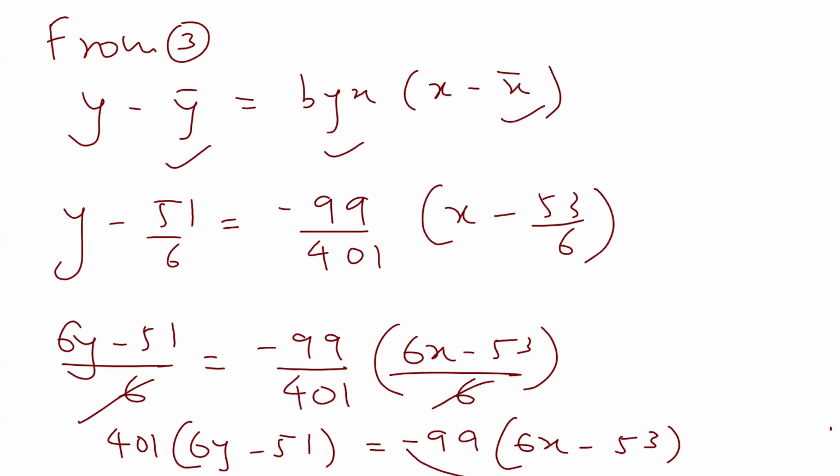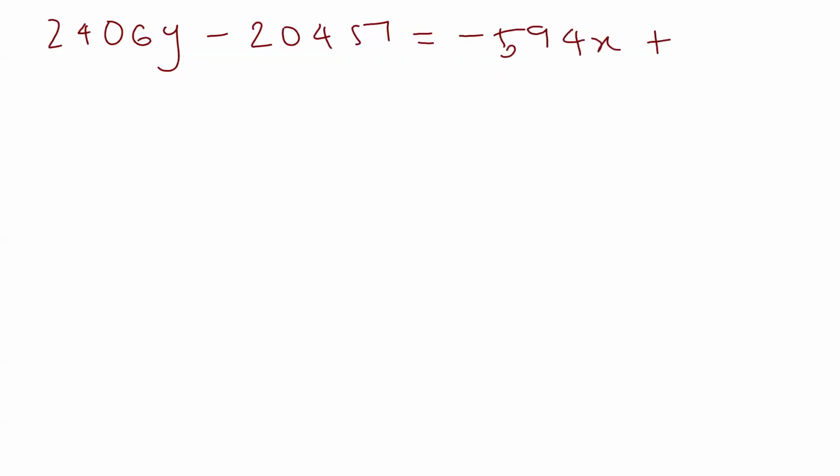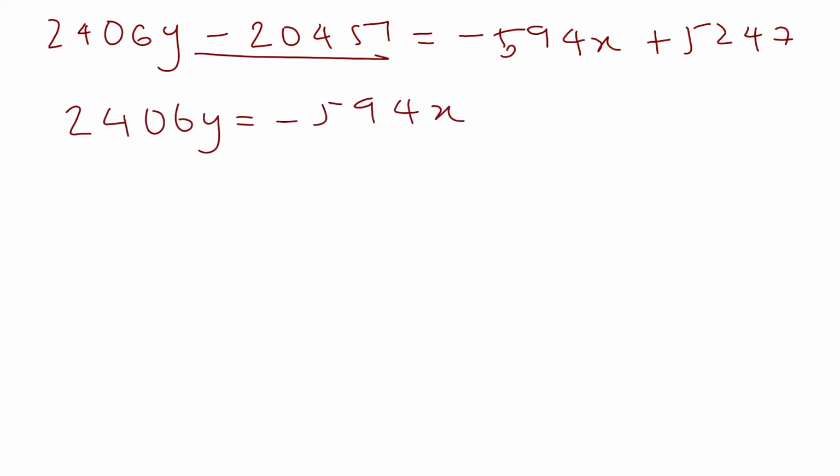Because we are having minus along with this minus, that is plus 99 into 53, 5247. So 2406y is equal to minus 594x. Send this to the other side, so that will be 20451 plus 5247. So that is plus 25698. So this is your line y on x.